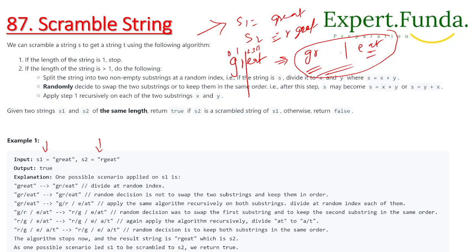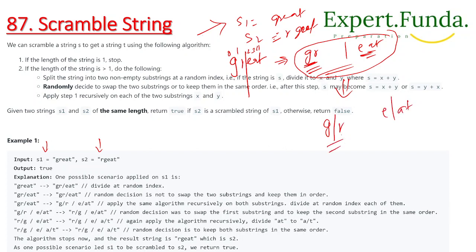Further, we have GR and EAT. We can apply the same algorithm again on both of these substrings that we have divided. So we divide GR into G and R, and EAT.